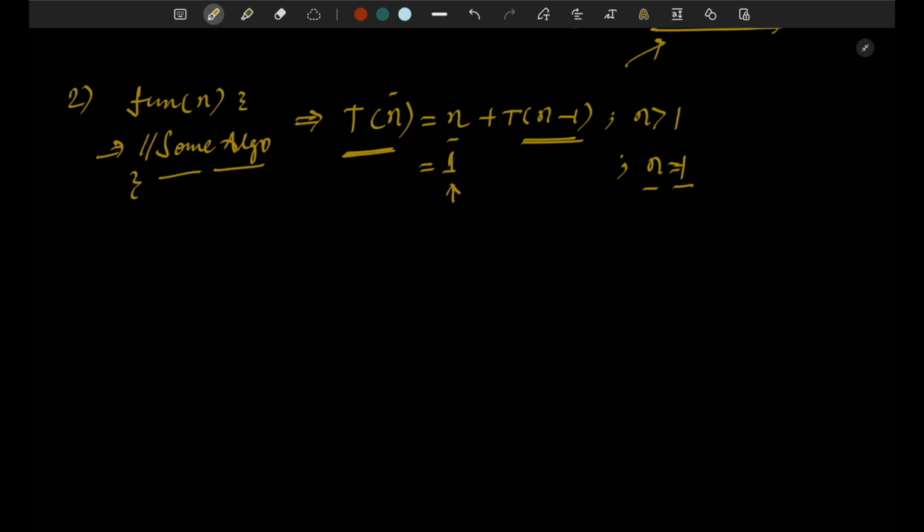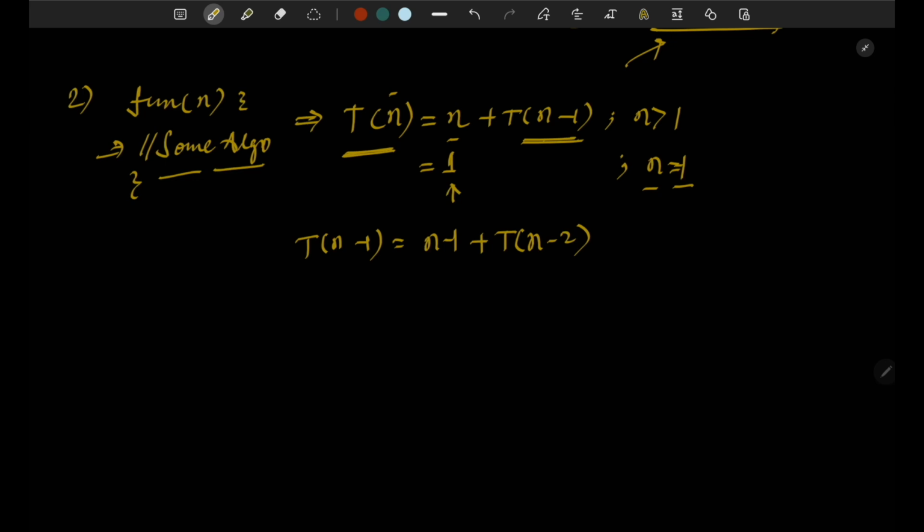So let's do that. Since we need to figure out the value of T of n minus 1, we will try to find out the same. We have T of n minus 1, and we place the n value as n minus 1 here. So it becomes n minus 1 plus T of n minus 2.